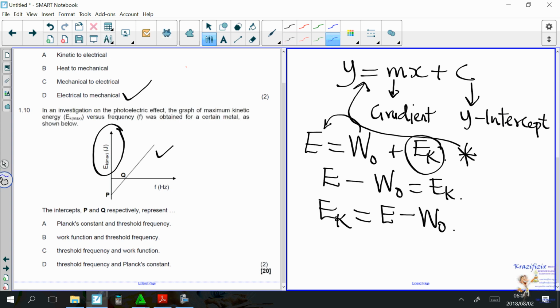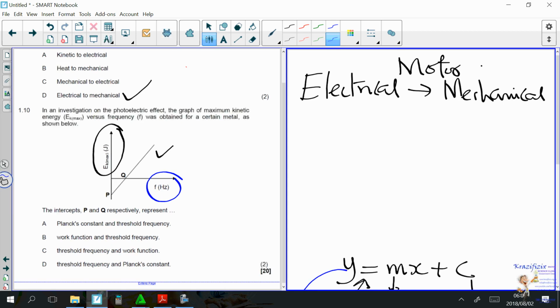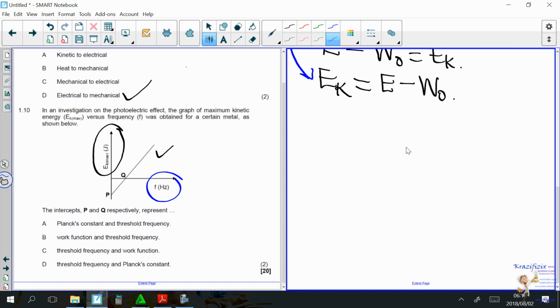Now, do you see that here I already have y as kinetic energy? Now, what's on the x? Frequency. Where am I going to get frequency from here? Do you remember again on the formula page that the energy of the photon can be calculated as hf minus work function, EK. Oh, we're there.